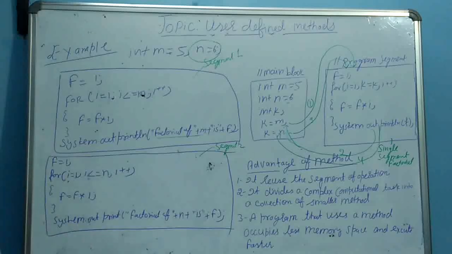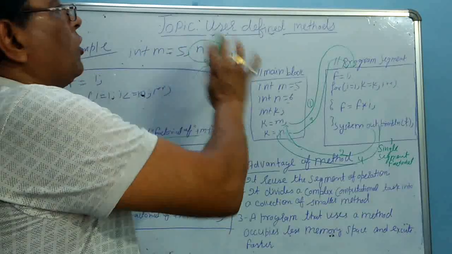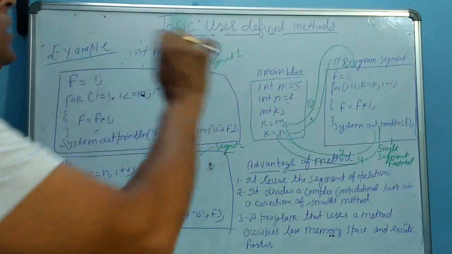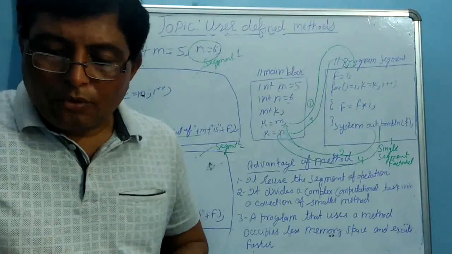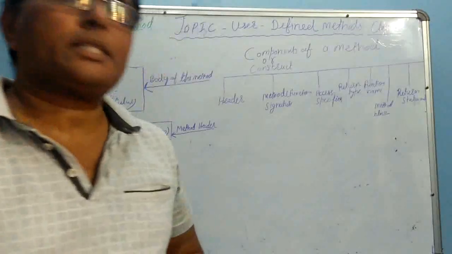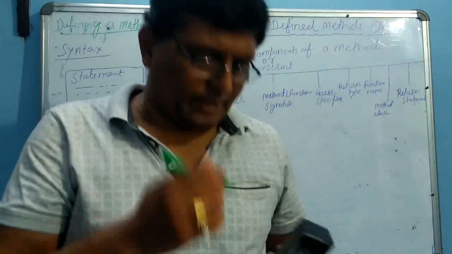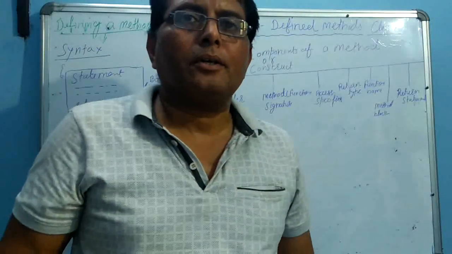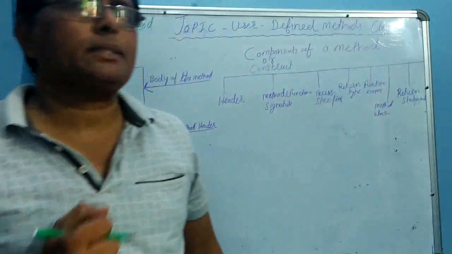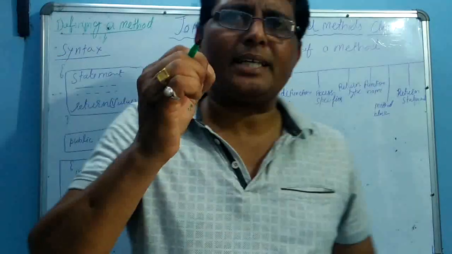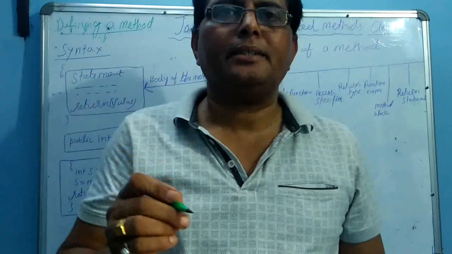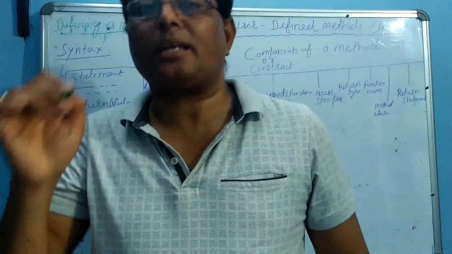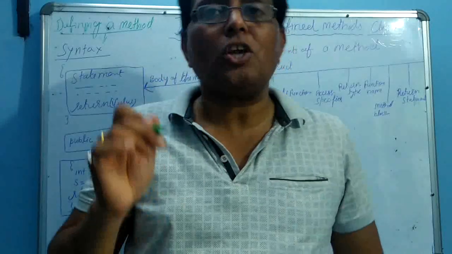Okay, now you understand the topic of the user defined methods. Now we will discuss defining a method. What is defining a method? It is very interesting to know that defining a method has no link with writing the definition of a method.